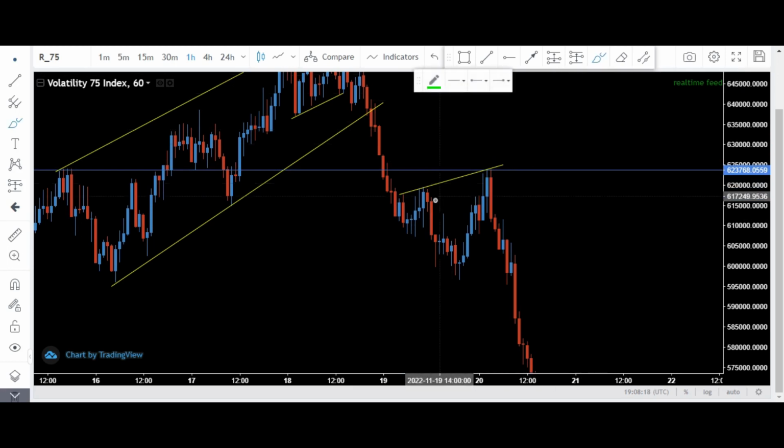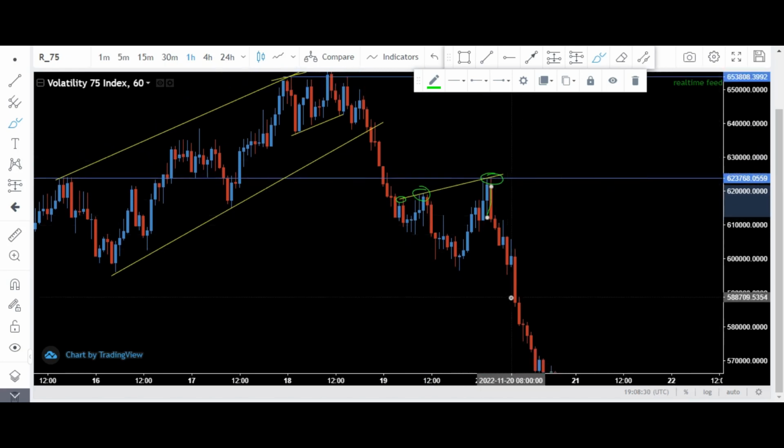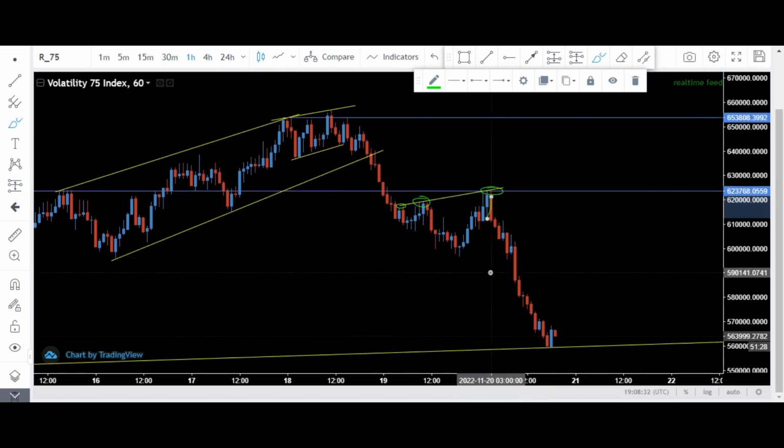You can see that we had this flag over here that has 1, 2, and 3 touches, followed by an engulfing candlestick, which could have still entered here and then maximized on this move all the way to the downside.